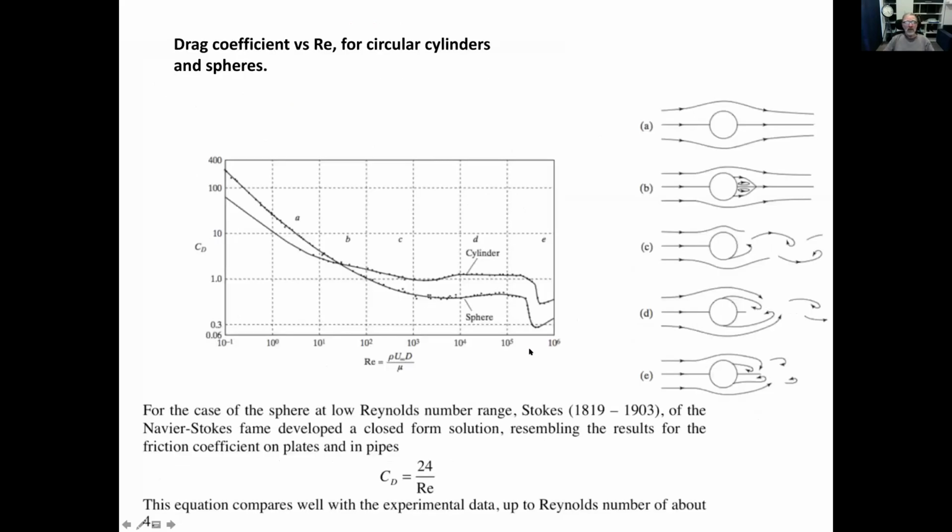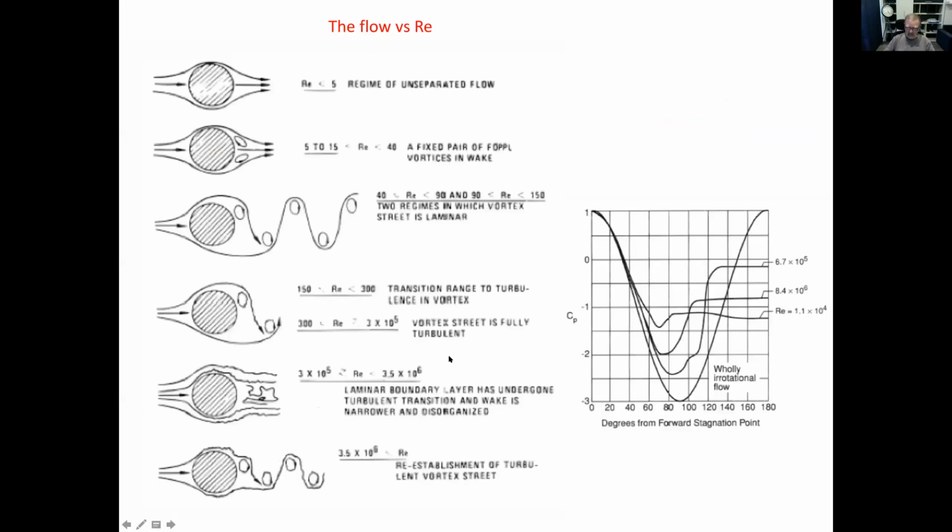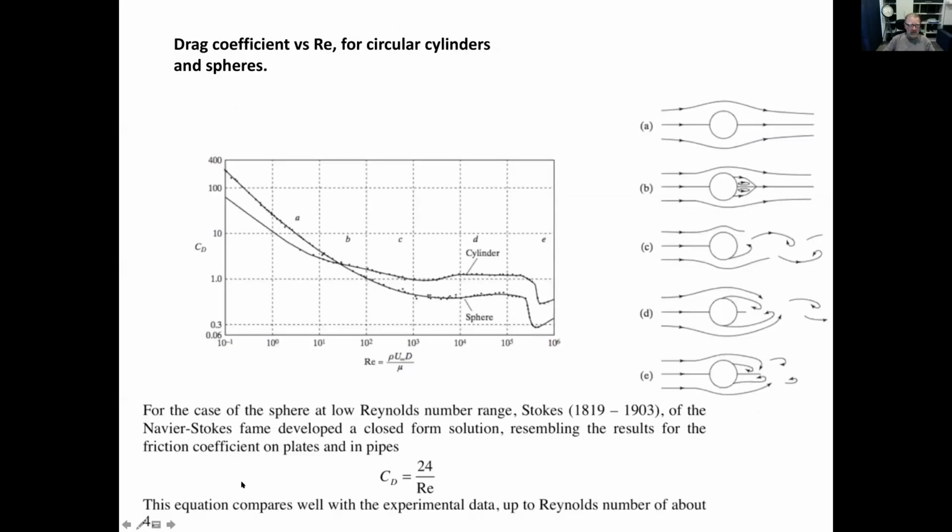Now, experimental data. So the drag coefficient, we are in the same phase as we did the pipe flow or the boundary layer, where we did some model and said, okay, let's look at the drag or the skin friction or whatever, the pressure drop in the pipe versus Reynolds number.